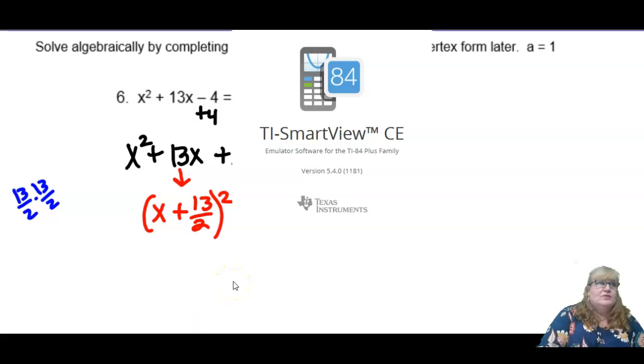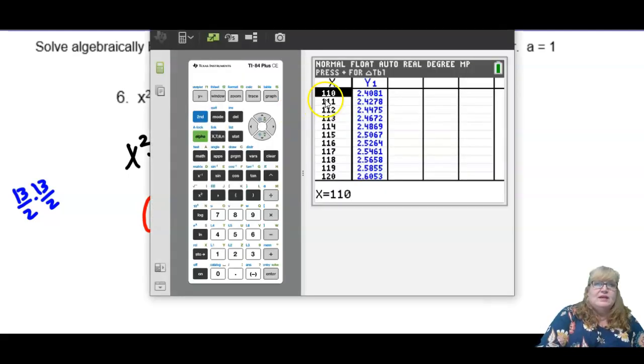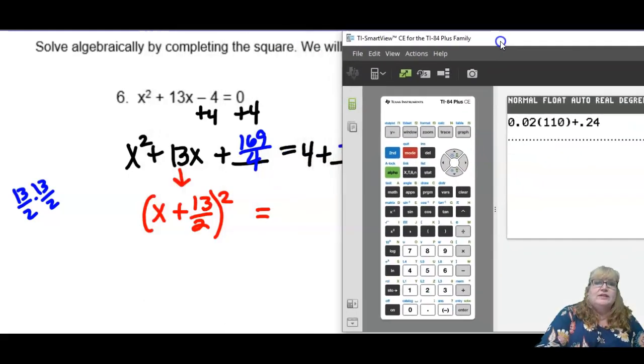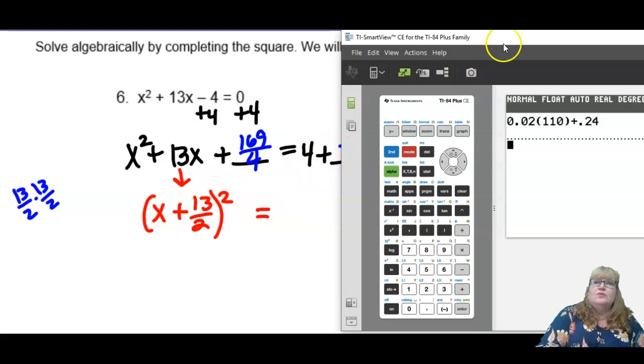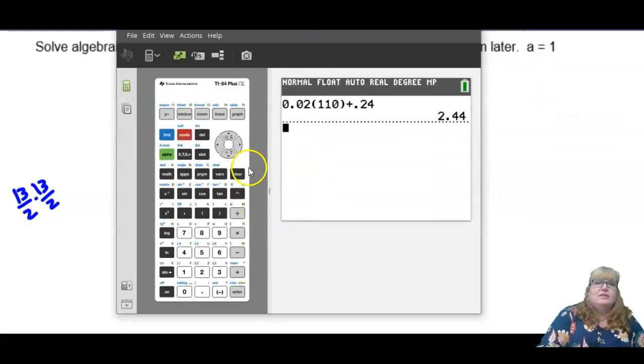So we have 4 plus 169 over 4. Some of you are really good with fractions. If you needed a common denominator, the common denominator would be 4. So you would change that 4 to 16 over 4, and then you'd add the top and keep the denominator. But it's okay to go 4 plus 169 divided by 4. And you could put that in parentheses, but it wouldn't make a difference here.